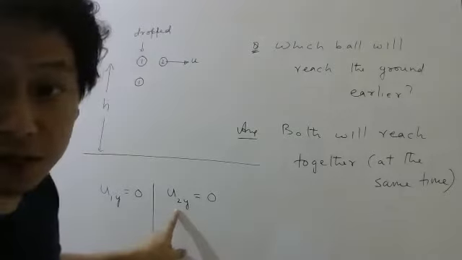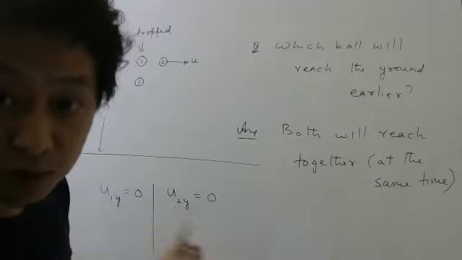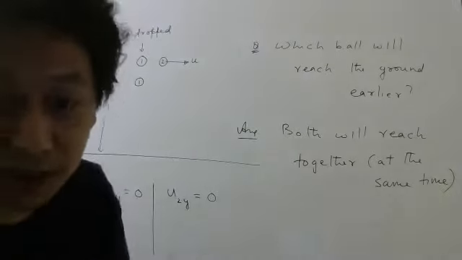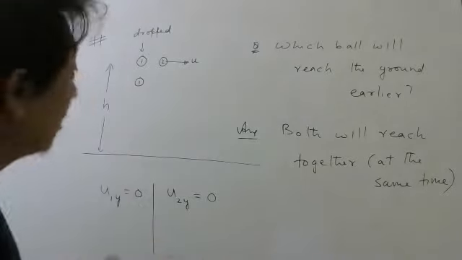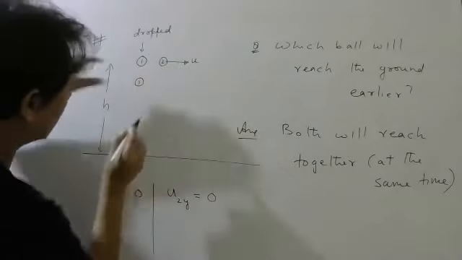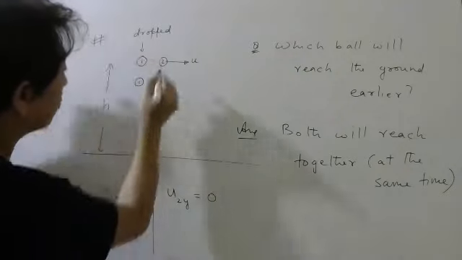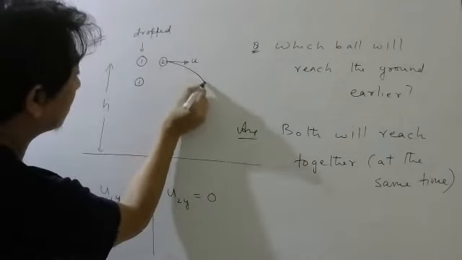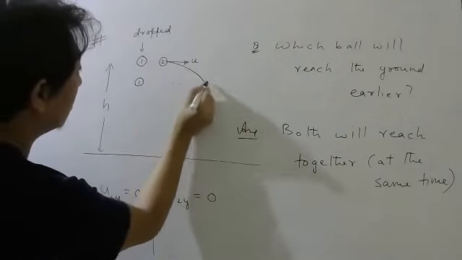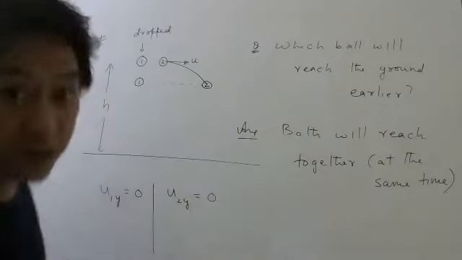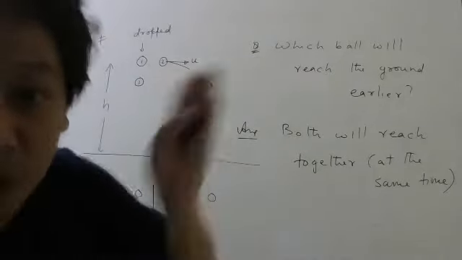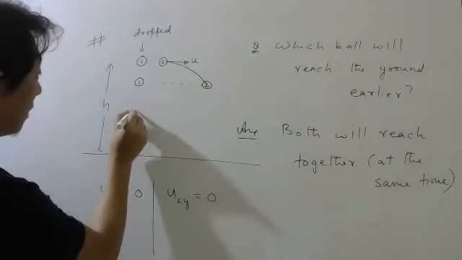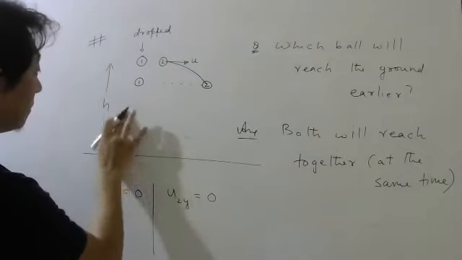Because the initial velocity of ball number 2 along the y-axis is the same as this one, 0 for both. So it will go somewhat like this, and ball number 2 will be here after 1 second. After 1 more second, ball number 2 may reach somewhere here.